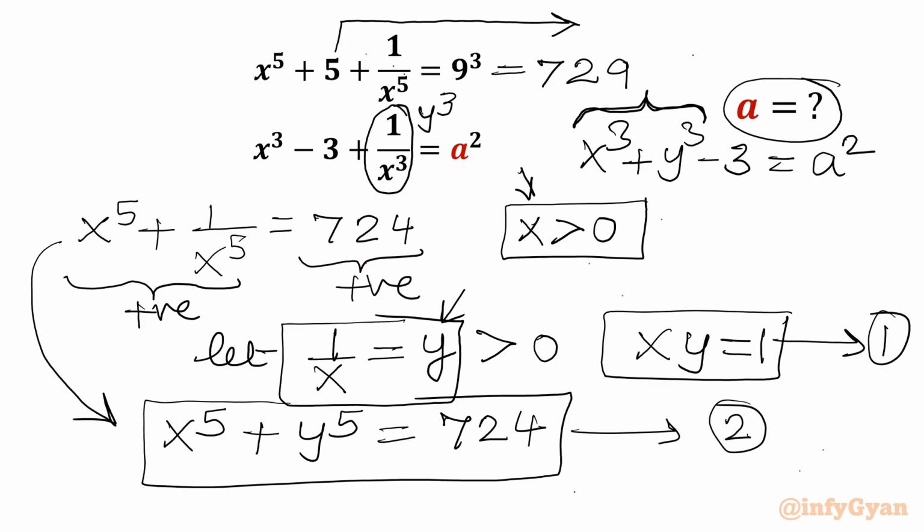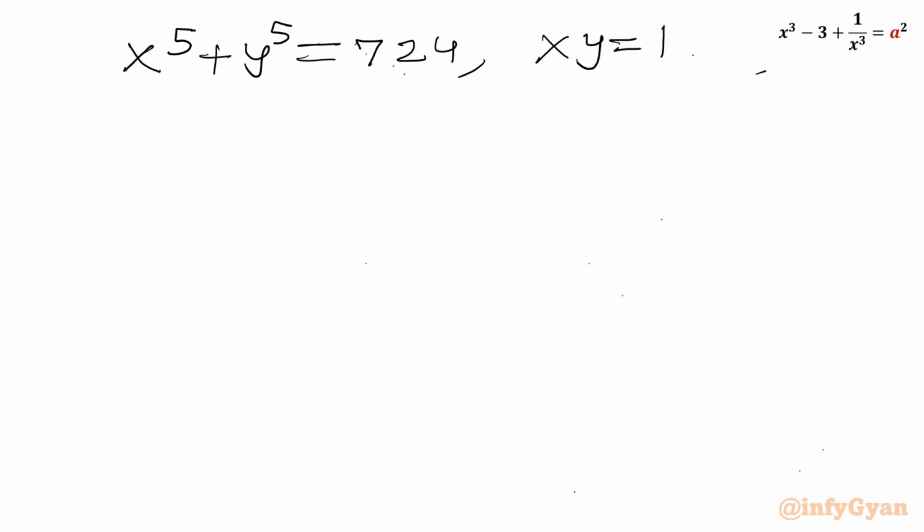So let's solve this system. xy = 1, x^5 + y^5 = 724, for the target expression x³ + y³. I will use binomial expansion.